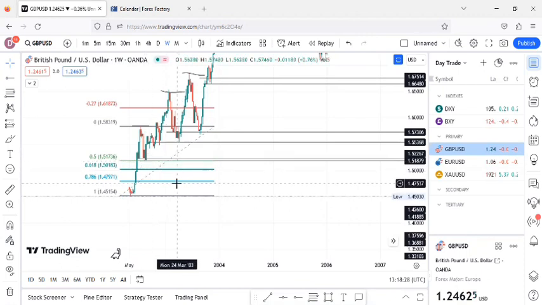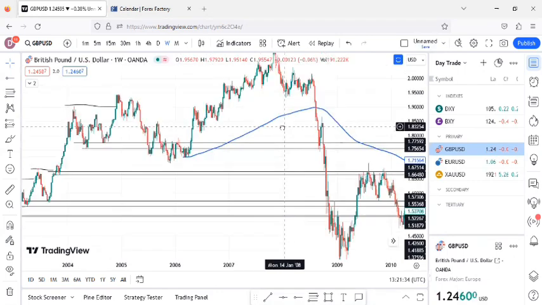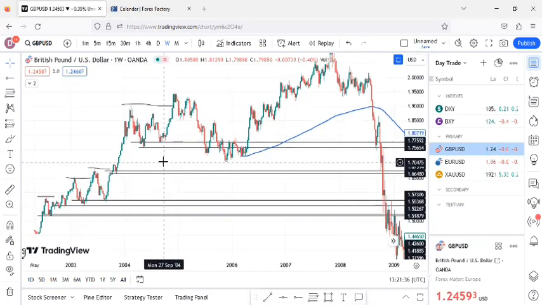But the lower they go in an uptrend, the stronger they are. 61.8% is stronger than 50%, while 78.6% is stronger than these two. So the lower they go, the stronger they are. At this 50% level, I can consider this level to be a good level to watch. That is how you use it to confirm your levels in an uptrend.